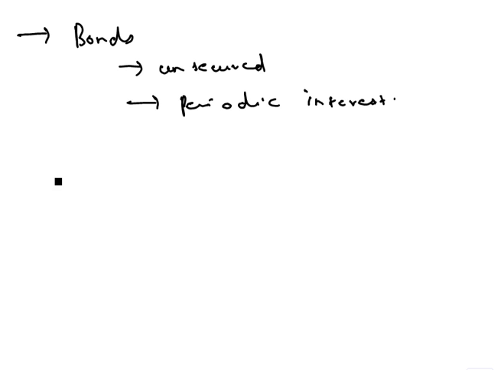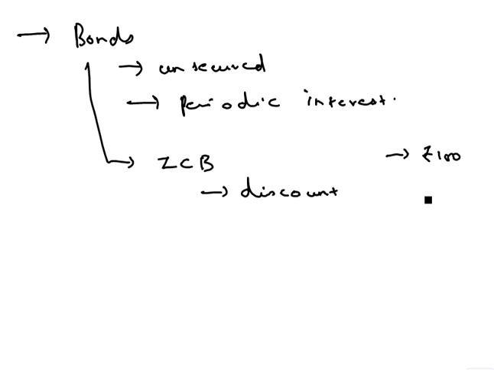So there are various types of bonds being sold in the Indian market. One is the zero coupon bond. These are bonds which are issued at a deep discount and repaid at face value. A zero coupon bond will have, say, 100 rupees value, but when I'm buying, I'll buy at 20 rupees.